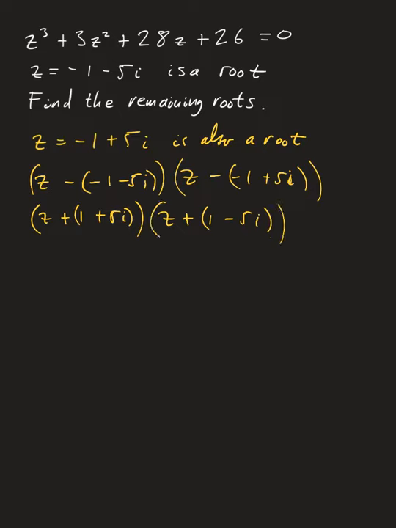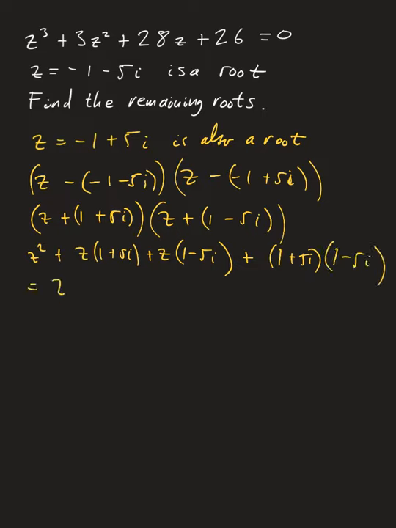Now I'll multiply this out, so z times z is z squared, and I have z times 1 plus 5i, and I also have z times 1 minus 5i. And when I multiply the two things at the end together in brackets, it's 1 plus 5i times 1 minus 5i.